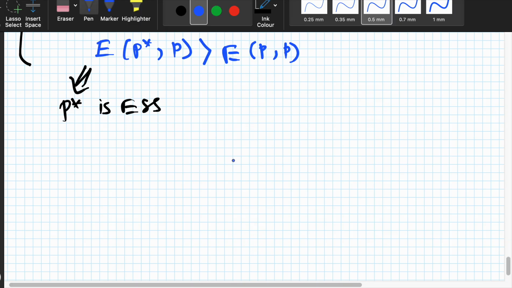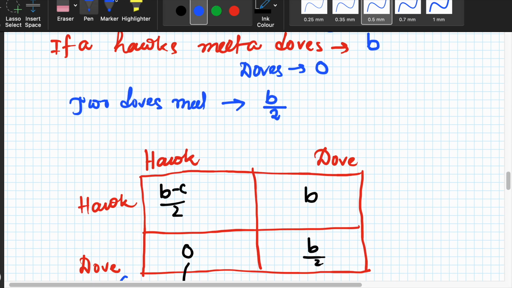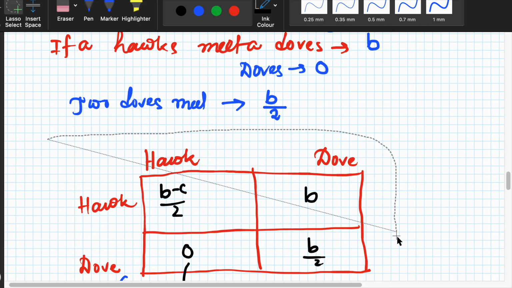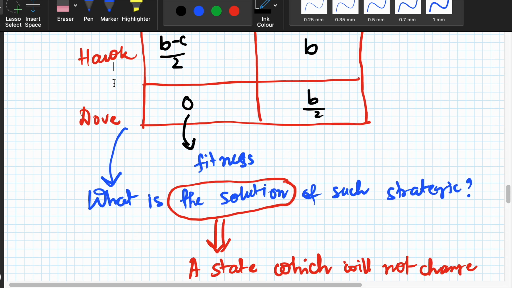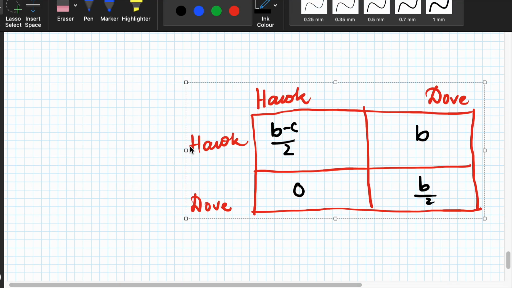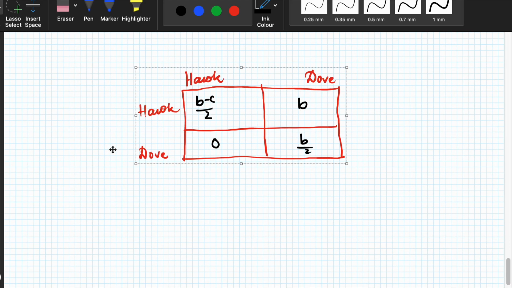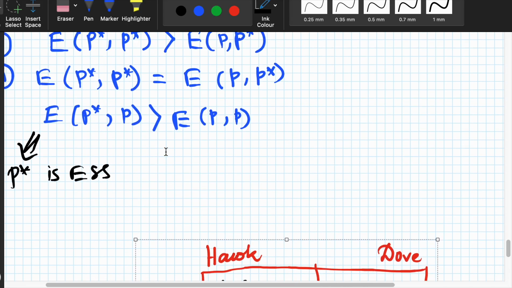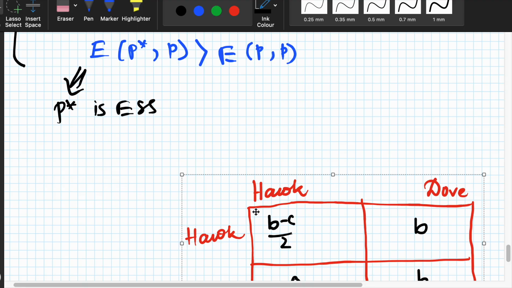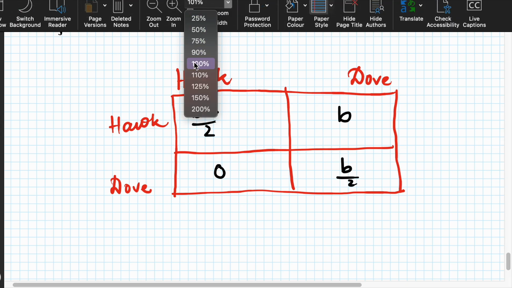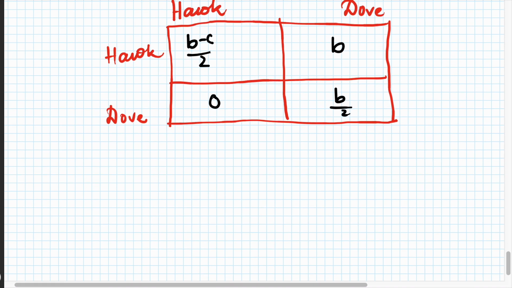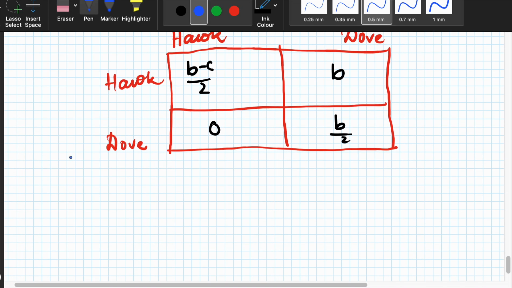So let us calculate E(p1, p2). Let me copy and paste this payoff here. Now what does p star mean?